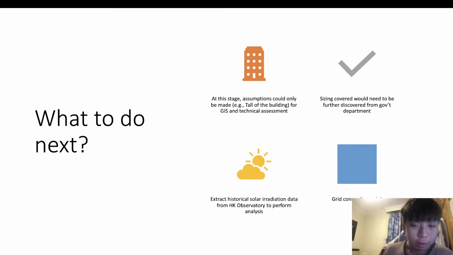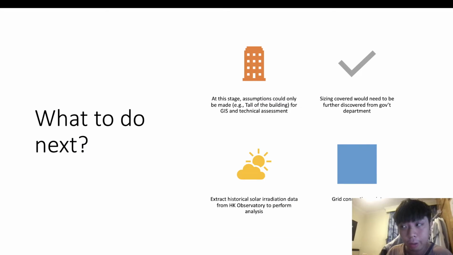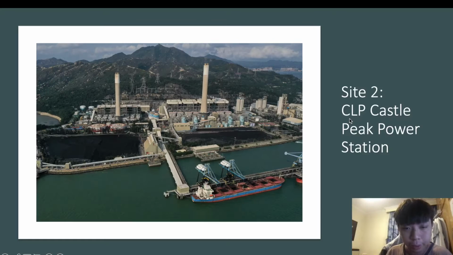Historical data of the solar irradiation, like the global GHI, will be extracted from the Hong Kong Observatory website to perform further analysis by MATLAB, for example. And we have to find a grid connection point and how to connect to the grid.